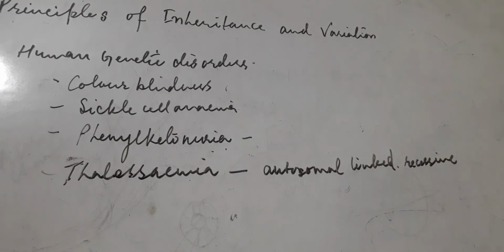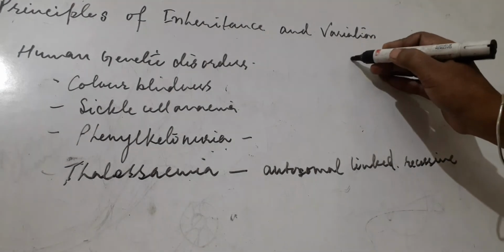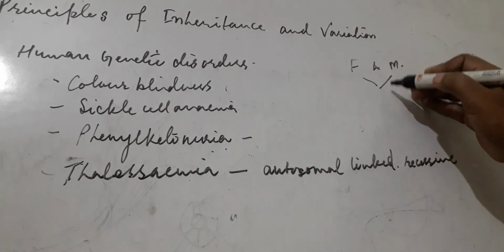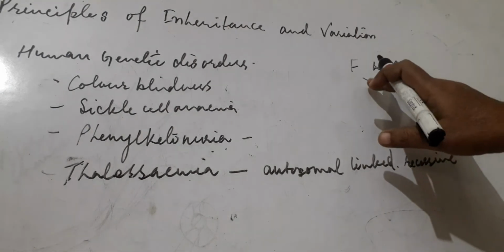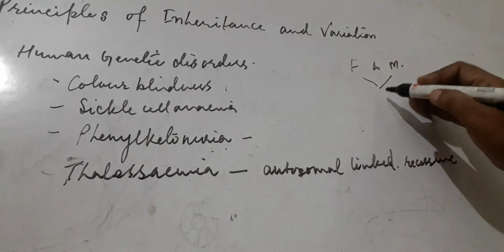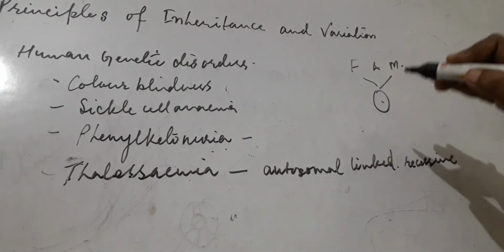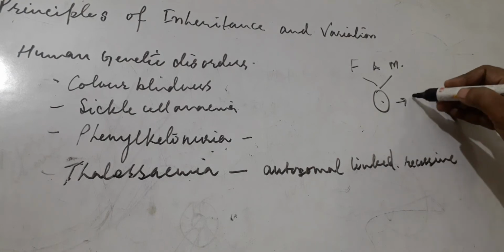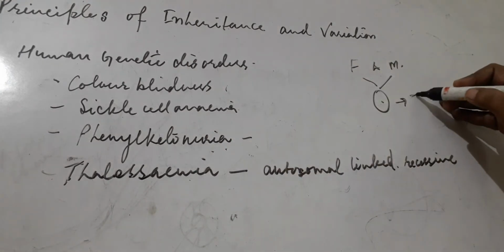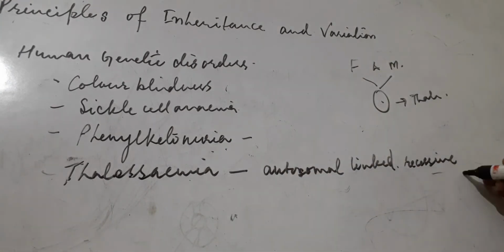In recessive form it does not show itself, but if both the parents, father and mother, have the defective gene, one from mother and one from father, and it is inherited in the child, the child will be affected and will have thalassemia. So this is a recessive disease, homozygous.